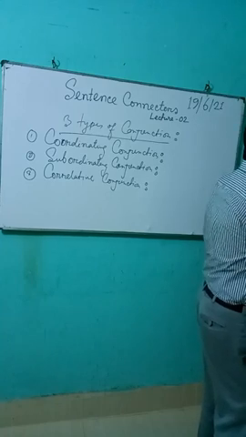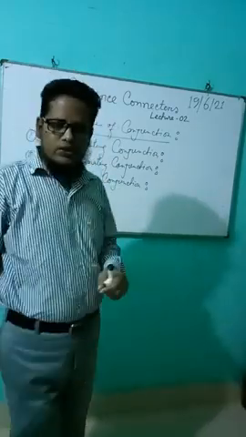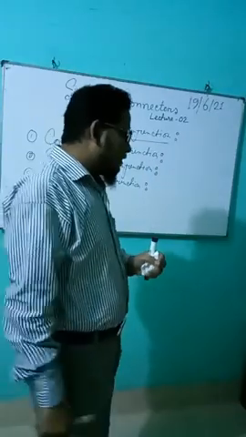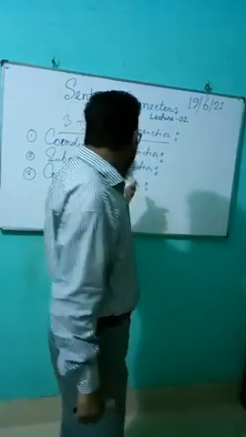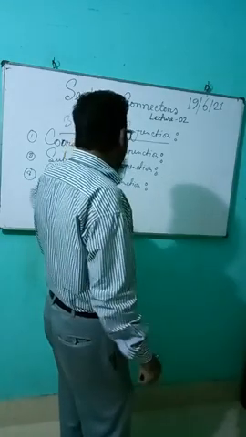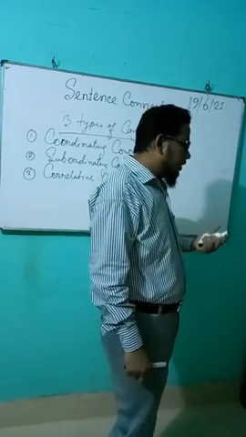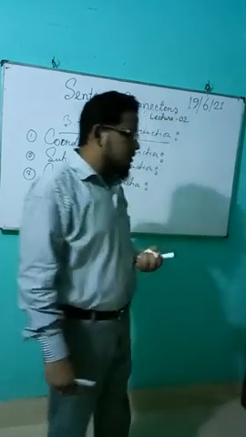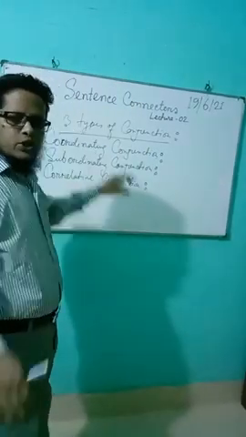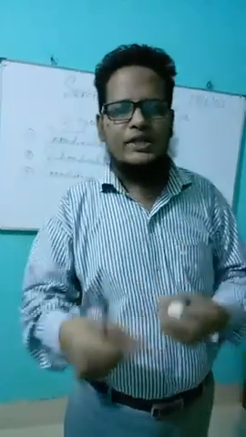A coordinating conjunction joins together two independent clauses, or words or phrases. Again, a coordinating conjunction joins together two independent clauses and words and phrases.